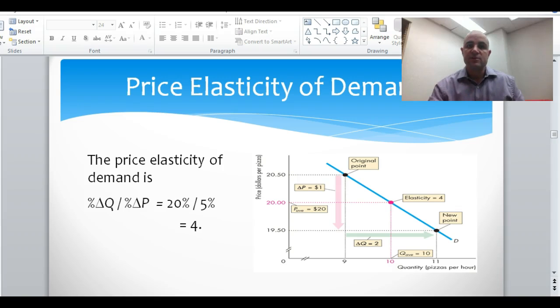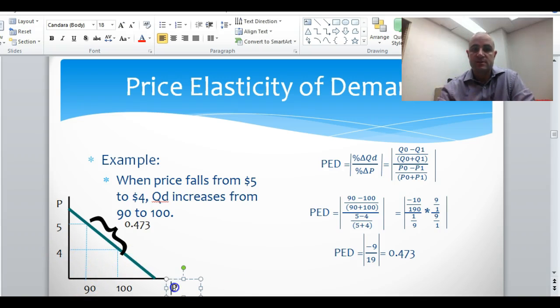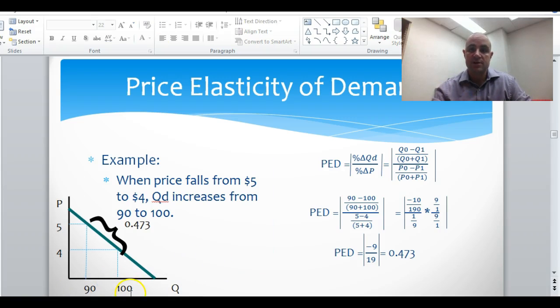Okay. So let's look at another example here. Let's say that the price fell from $5 to $4, and when that happened, quantity demanded increased from 90 to 100. So price went from 5 to 4, obviously not to scale here, and quantity demanded went from 90 to 100.